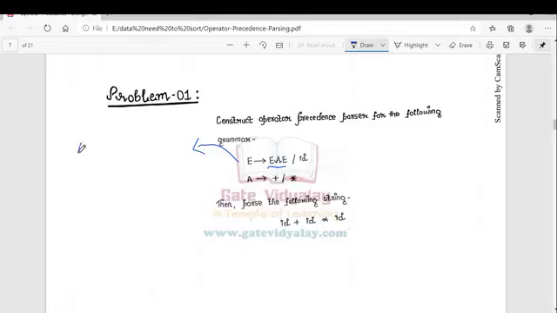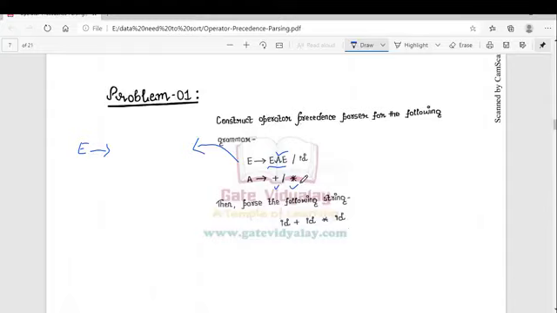For this, we will replace this non-terminal A with its production. Then this grammar will convert into the operator precedence grammar.